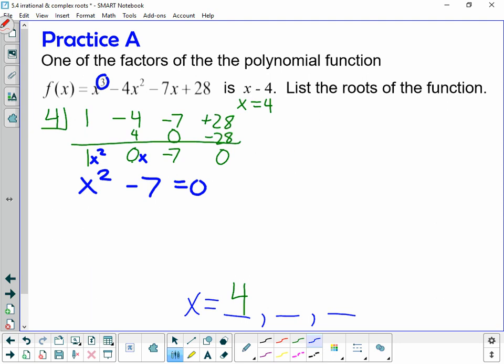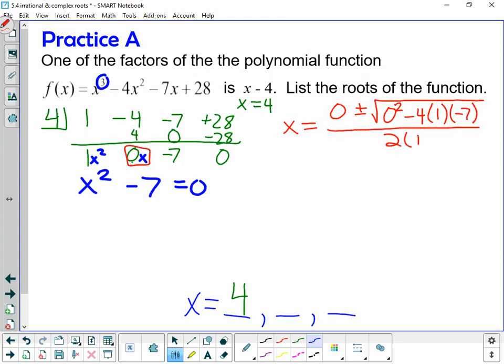You could, of course, use the quadratic formula for that. I'll show you that. x equals negative b. This has a b value of 0, x plus or minus the square root of b squared minus 4 times a times c, all divided by 2 times a.